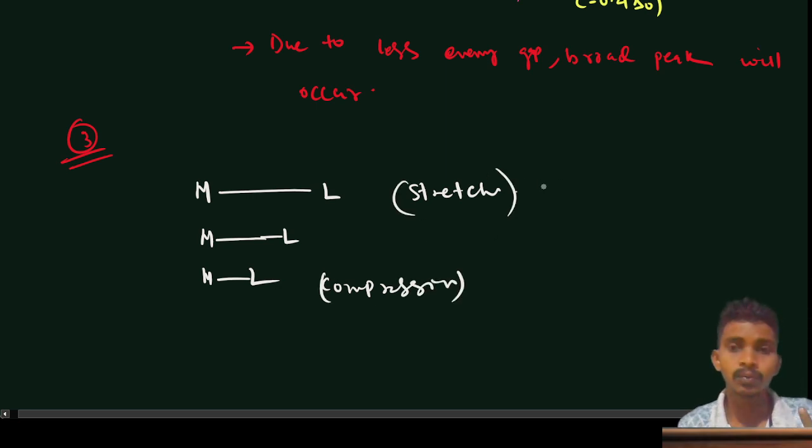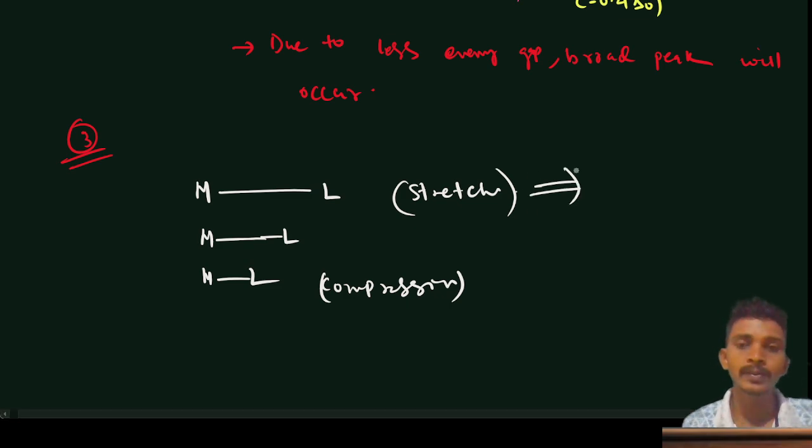When it stretches, the delta knot value will decrease. If the metal and ligands are far away, the delta knot value will be less.